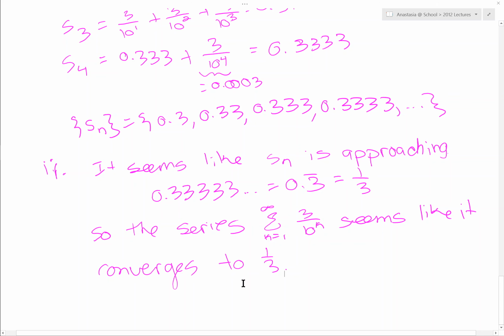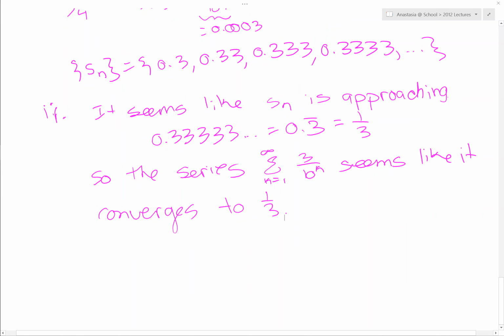Now, this is actually true that this series converges to 1/3, and we are going to see in our next lecture why this is true. And it comes from the fact that this is called a geometric series.